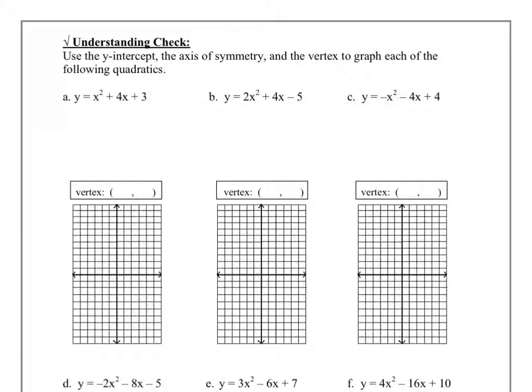So this page right here is what we're going to practice in class. Before we get started, I just want to put this on here and do part A for you just to make sure that we got it. You want to use the y-intercept, the axis of symmetry, and the vertex to graph each line. We know that the y-intercept here is 3.